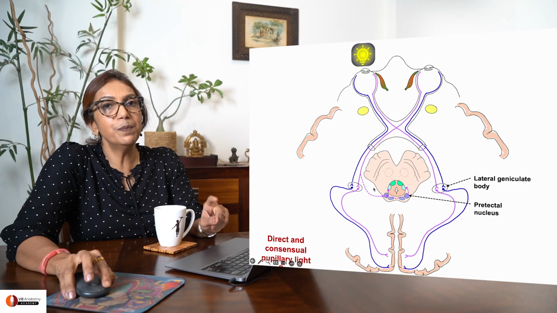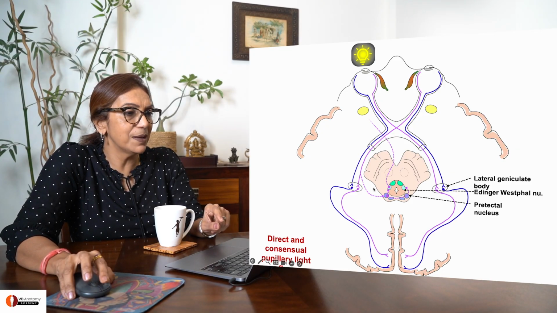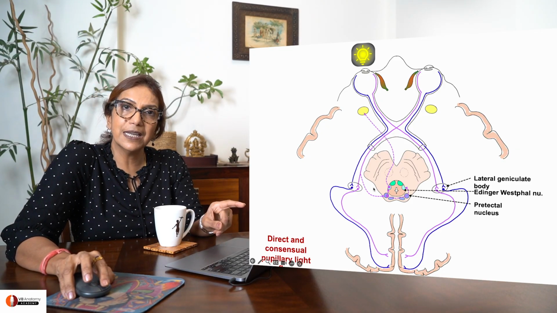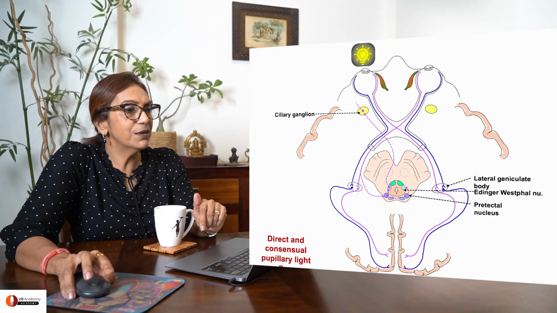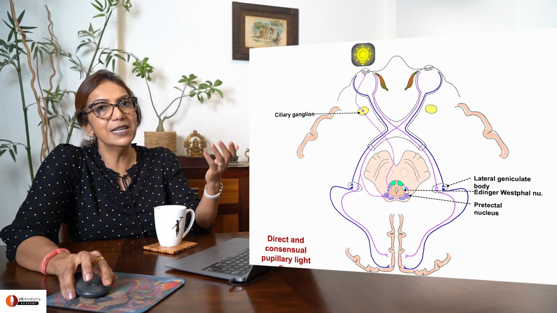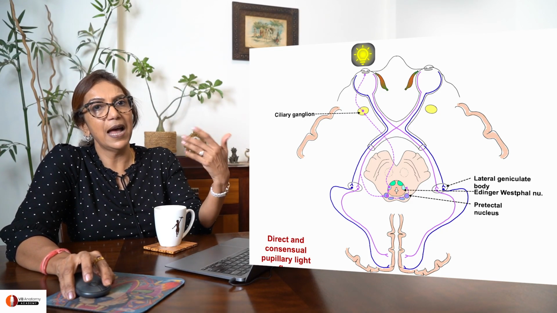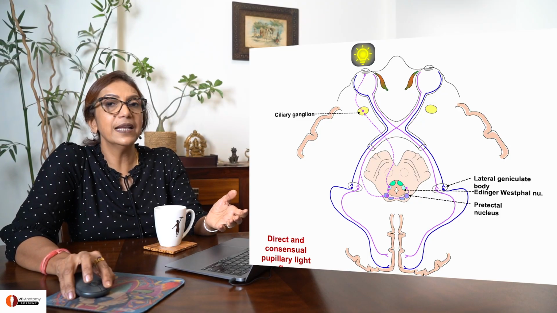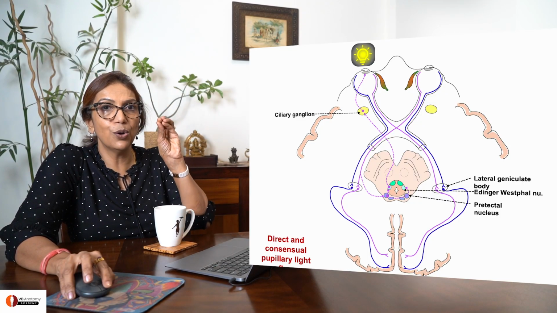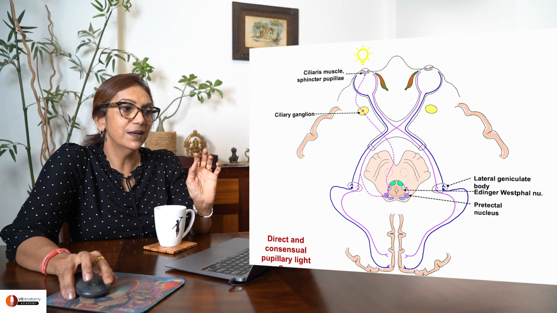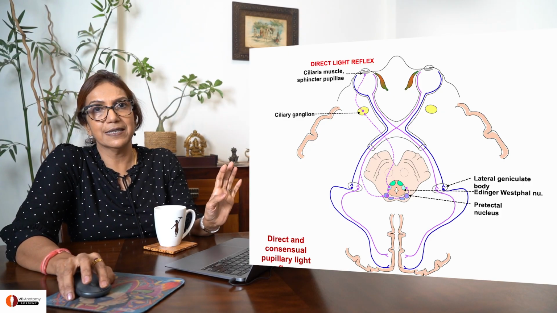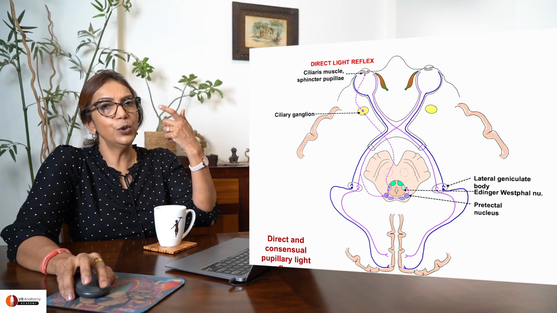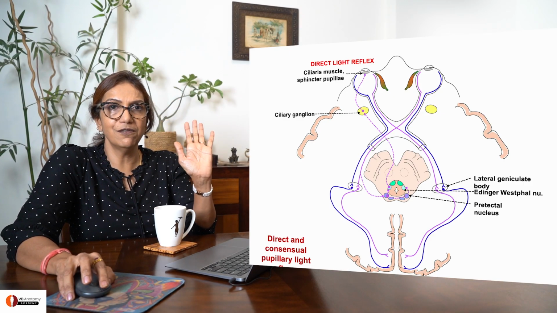What does this Edinger-Westphal do? It gives rise to preganglionic parasympathetic fibers that travel to the ciliary ganglion. Postganglionic parasympathetic fibers travel to the ciliaris muscle and sphincter pupillae, and the pupil of that side constricts. This is called the direct light reflex. So you put light, the pupil constricts.